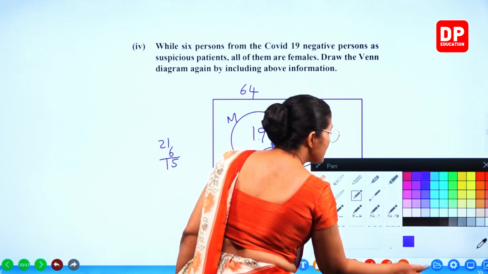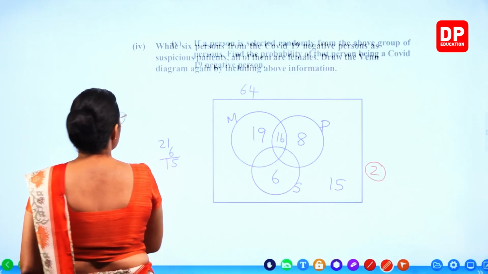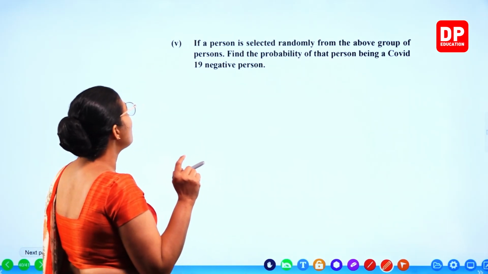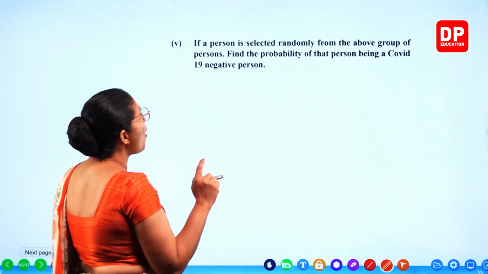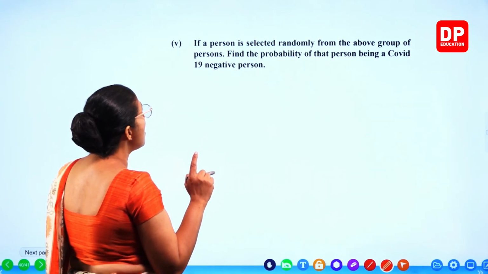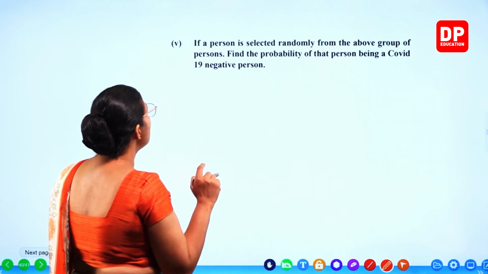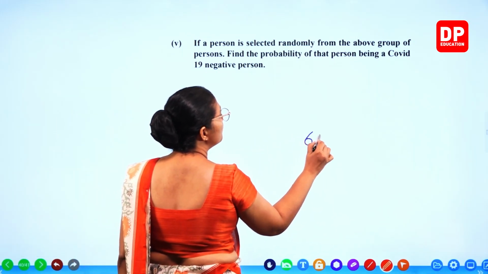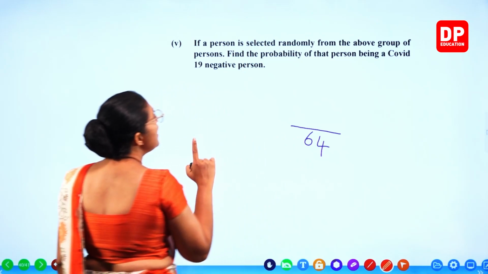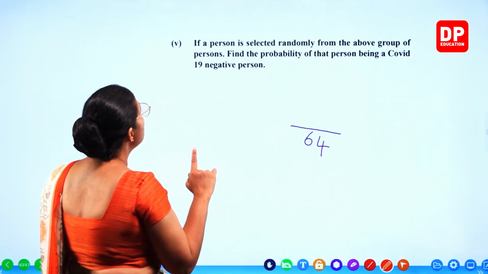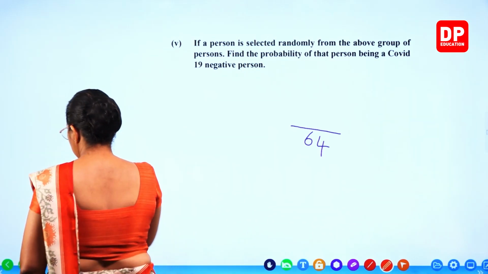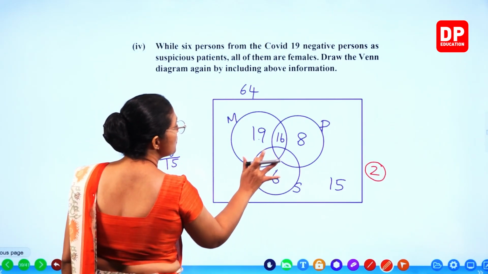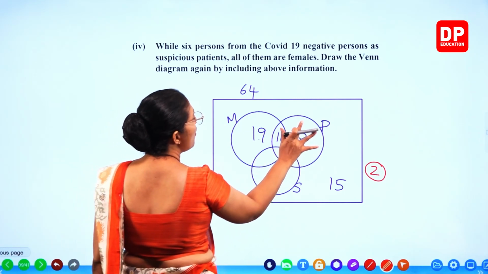And then the last part, it says, if a person is selected randomly from the above group of persons, find the probability of that person being a COVID-19 negative person. So altogether 64. How many are COVID-19 negative persons? COVID-19 negative. This is suspicious and positive.